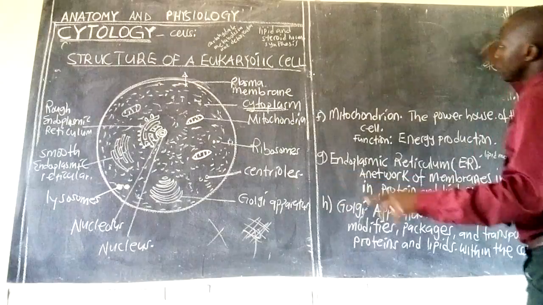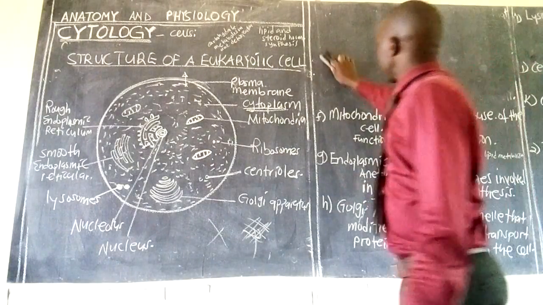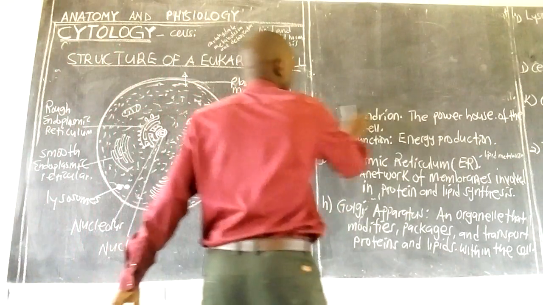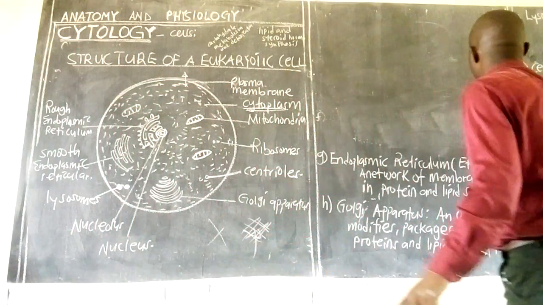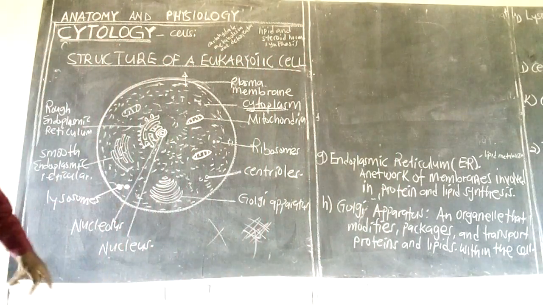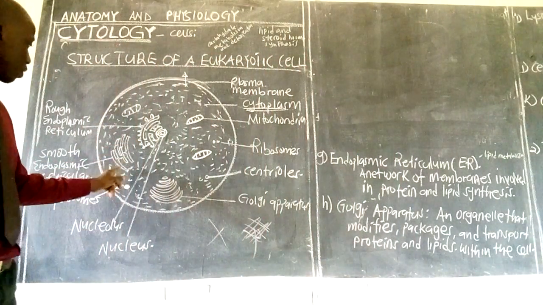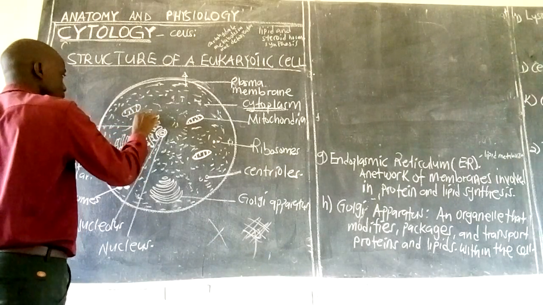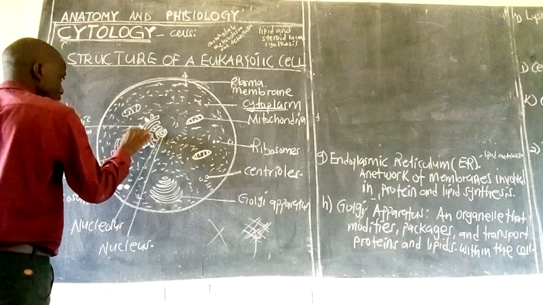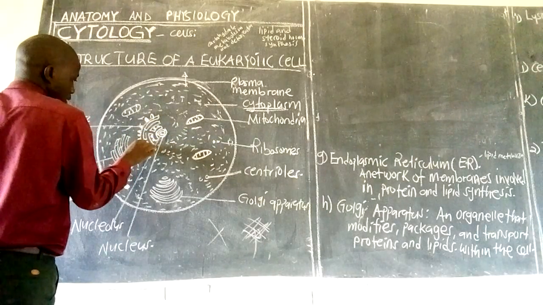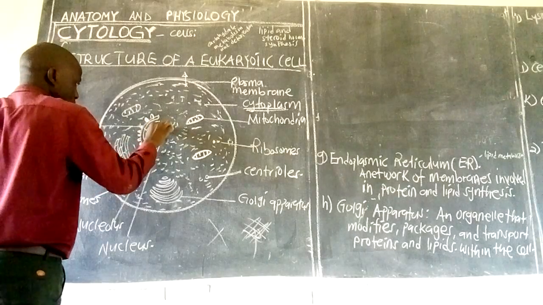The next structure we're going to see is what we call the endoplasmic reticulum. We have two endoplasmic reticulum. We have the one we call the rough endoplasmic reticulum, that is next to the nucleus.